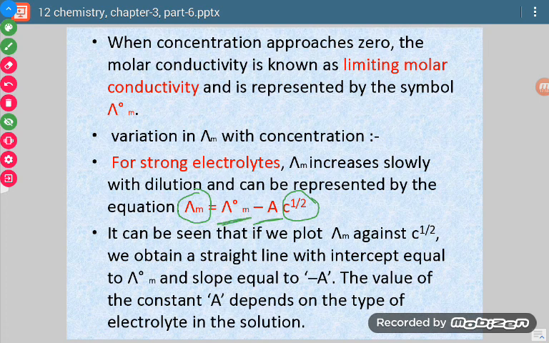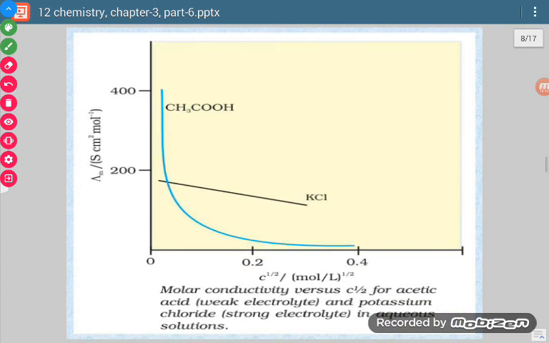Now what does it mean? It means that if we plot a graph for a strong electrolyte, then we can easily calculate the value of lambda m naught. From this diagram you can see, this is the diagram for a strong electrolyte.